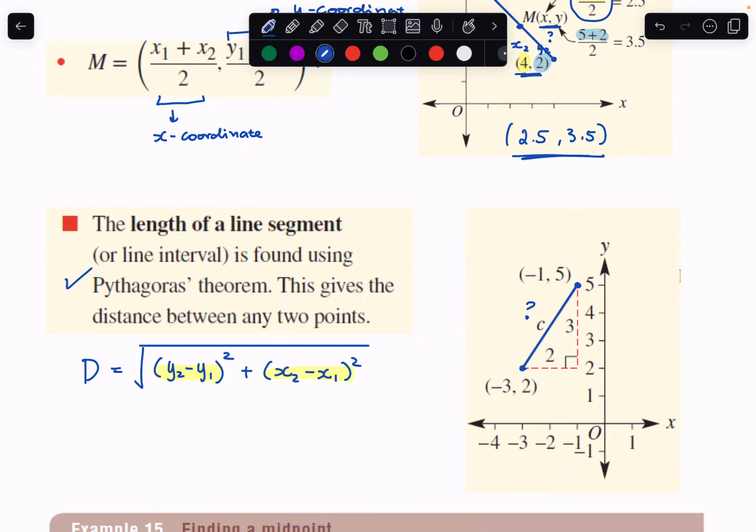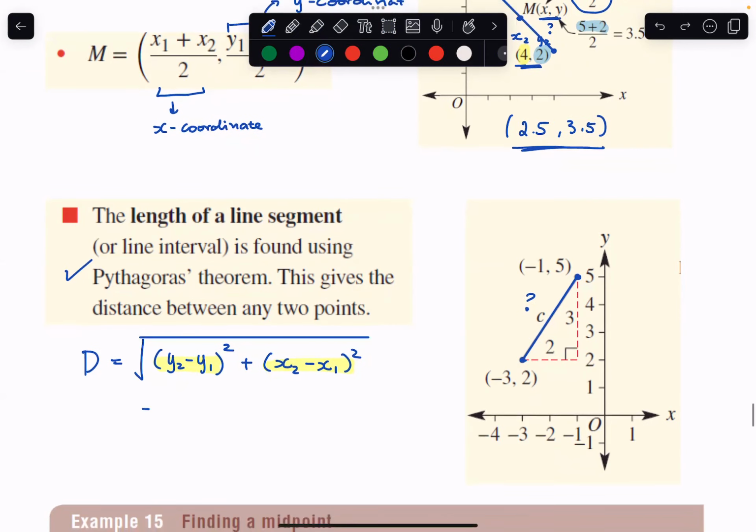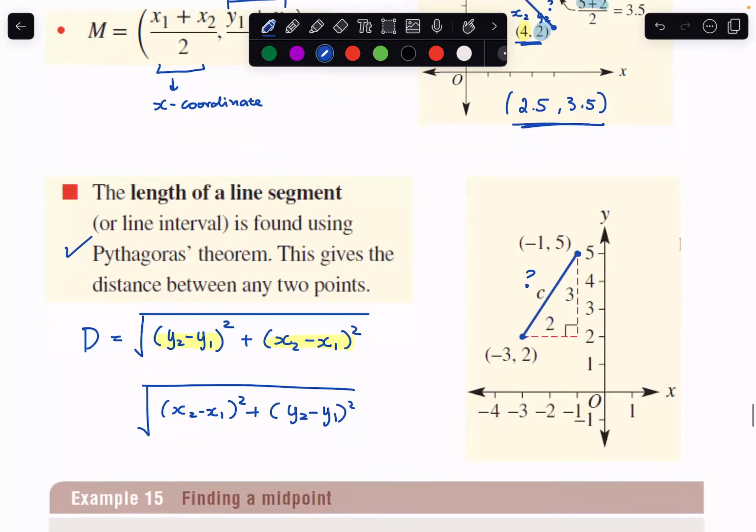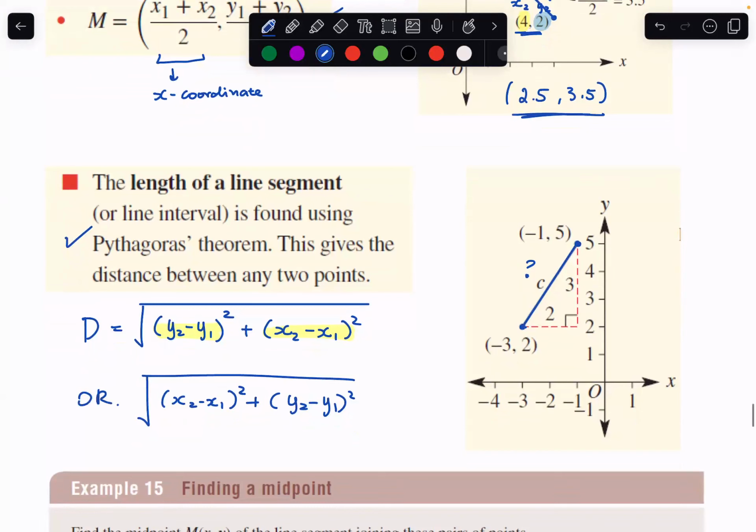You can put this one in the front. It's the same thing. So we can have square root x2 minus x1 to the power of 2 plus y2 minus y1 to the power of 2. It's the same thing, okay? You can put this in your note, in your booklet, I mean.